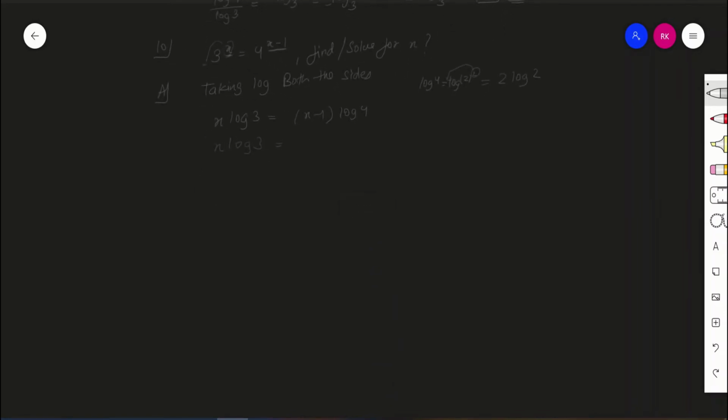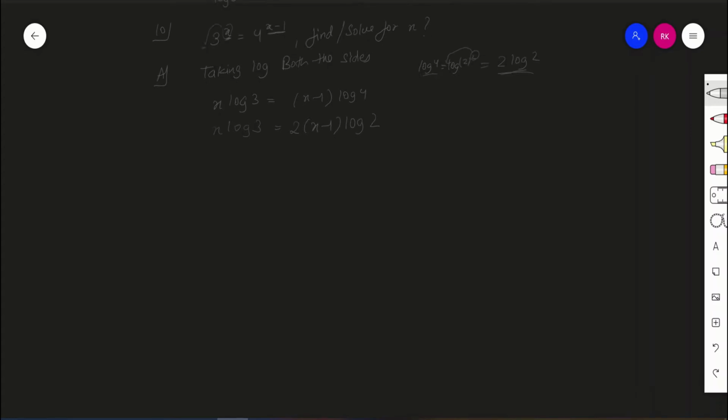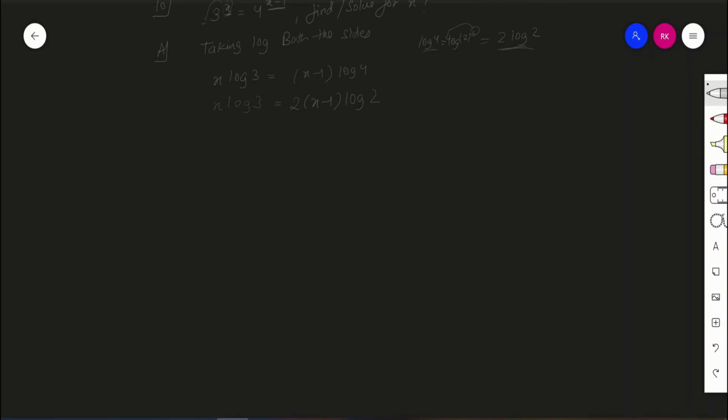So I'm going to replace this by this, so 2 times (x minus 1) into log 2. So now this is going to be 2x into log 2 minus 2 log 2, and x log 3.